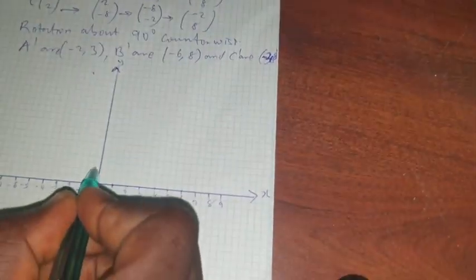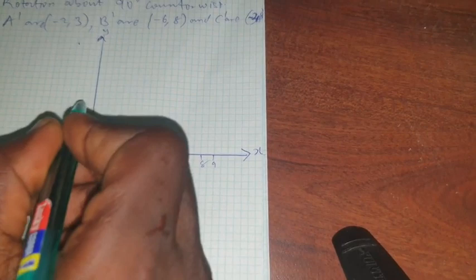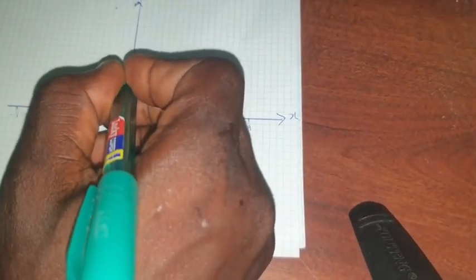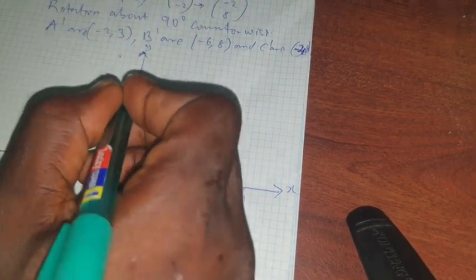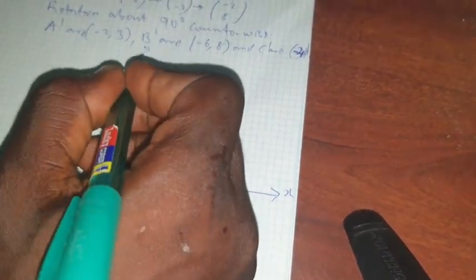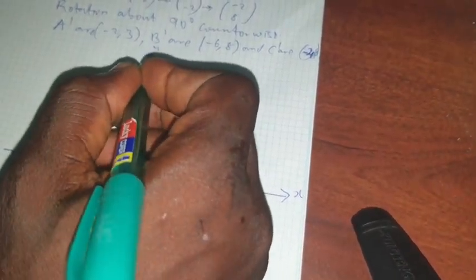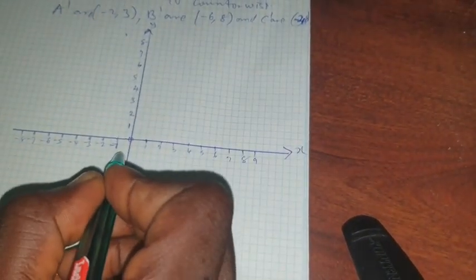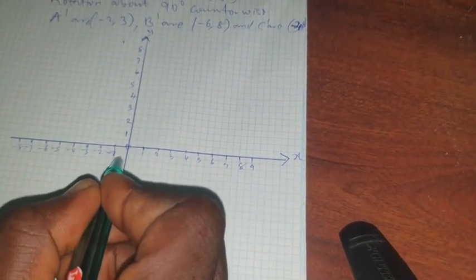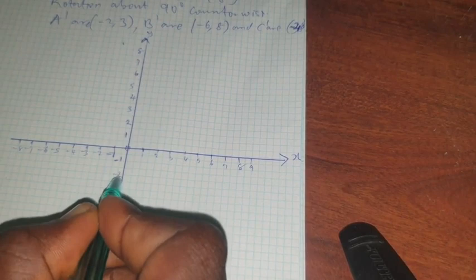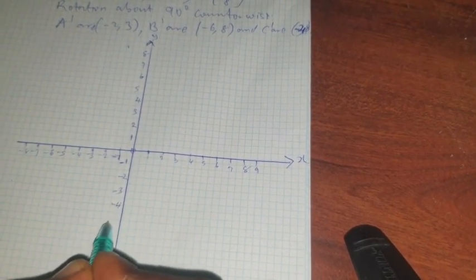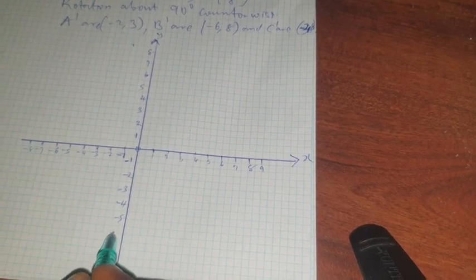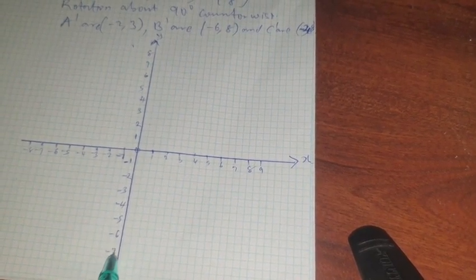Then on the y-axis, 1, 2, 3, 4, 5, 6, 7, 8. Then on the negative y-axis, minus 1, minus 2, minus 3, minus 4, minus 5, minus 6, minus 7, minus 8.